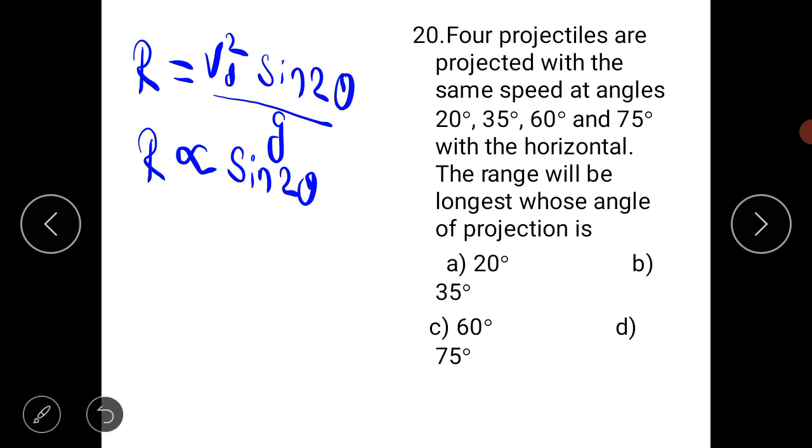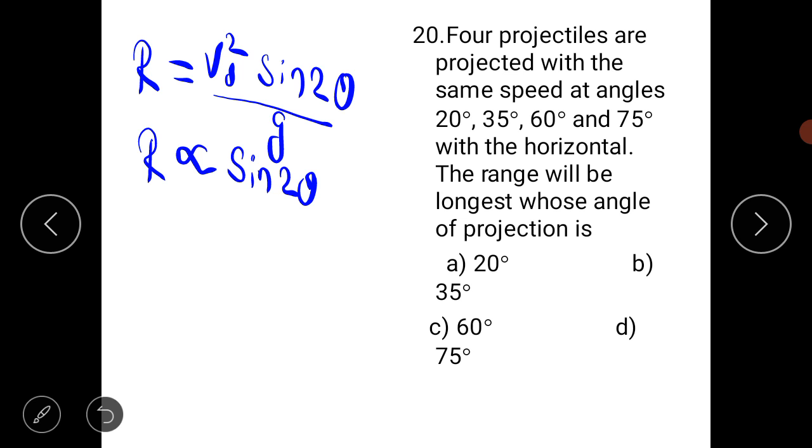And one more thing you have to remember, the maximum value of the sine function is 1 for theta equal to 90 degree, and it is 0 when the angle is 0.